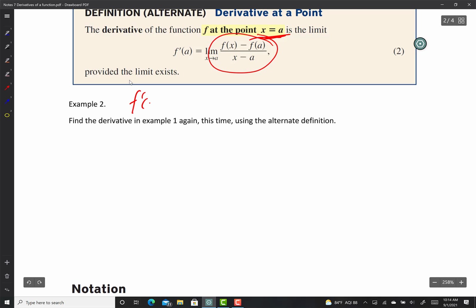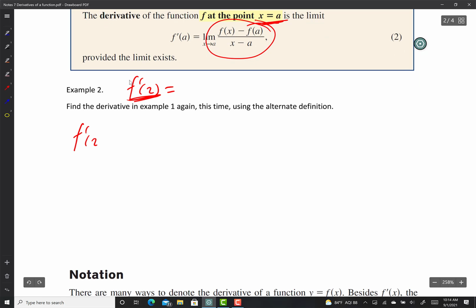So I want to find, and I did a really bad job of writing these notes, f prime of 2. But I'm going to use this definition, not the other definition. You know what I mean? So I'm going to write f prime of 2 is equal to the limit as x approaches 2, because that's the number I want to approach, of f of x. What was f of x? 3x squared minus f of 2.